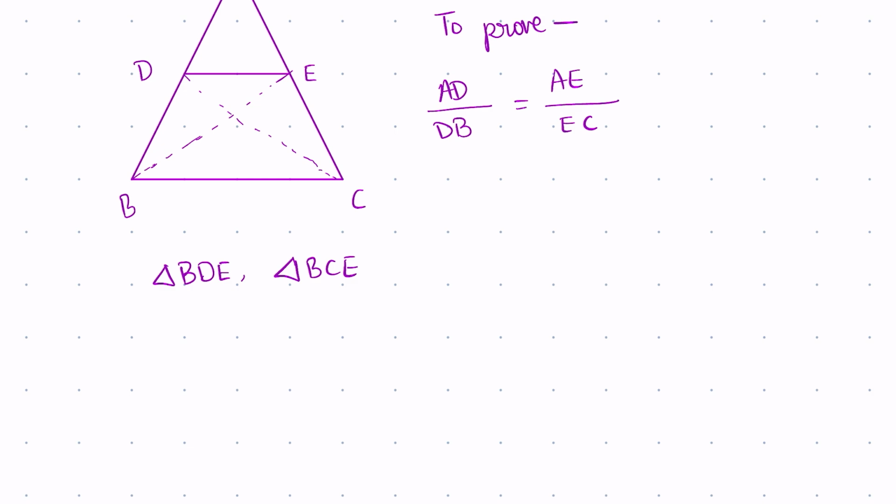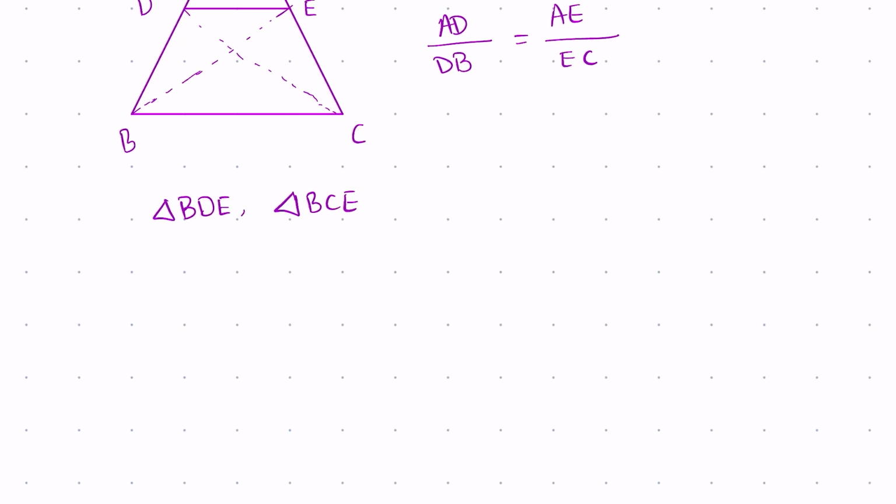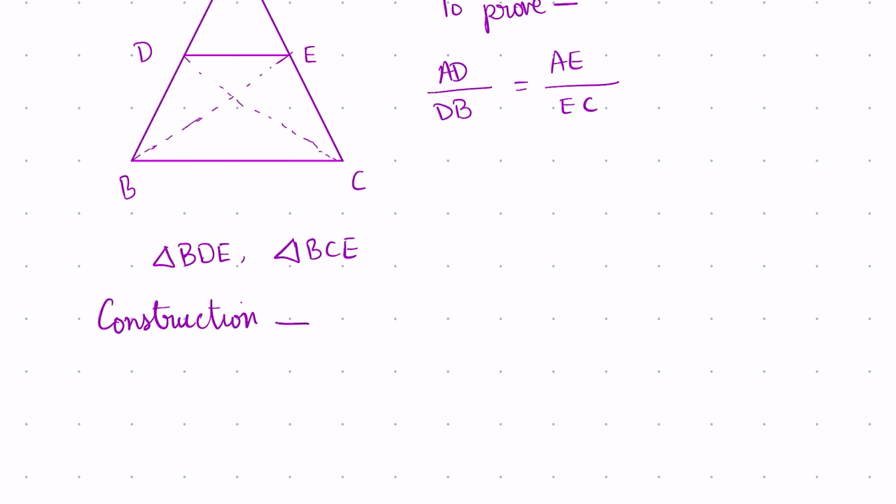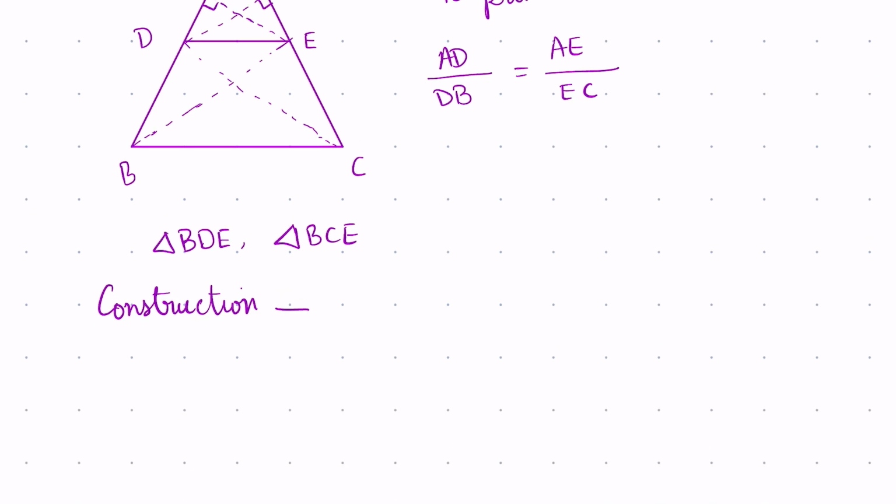Now let's say, we need to construct something. So construction. I'm going to construct a line segment. Let's call this X. Similarly, let's call this Y. So I'm constructing two altitudes.